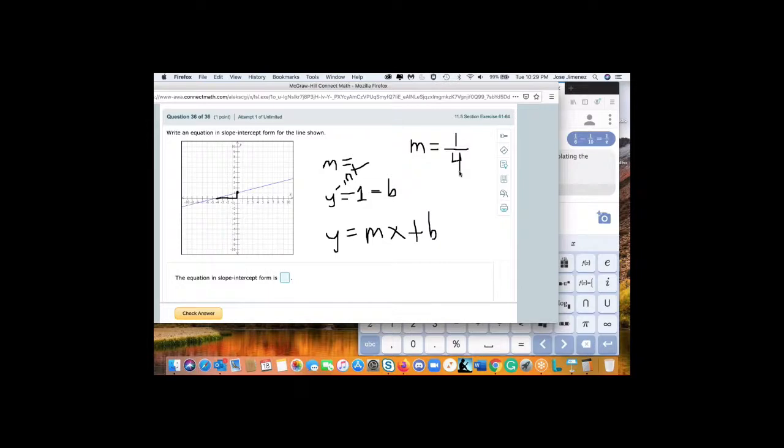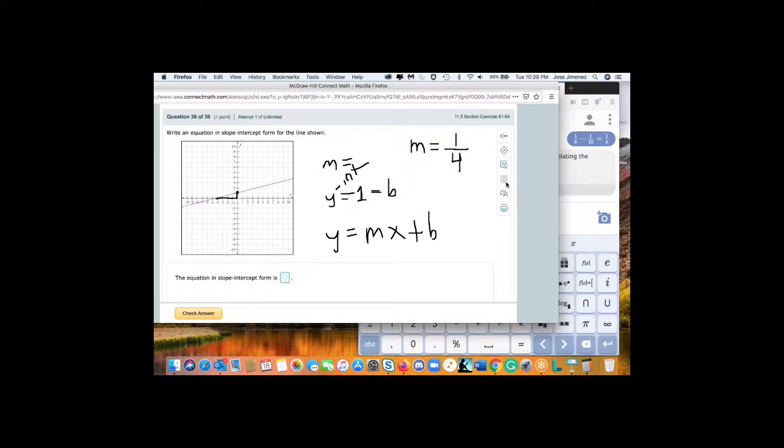That's the slope. You know, I just draw a small right triangle, and then the measure of the vertical is on top, and the measure of the horizontal distance is on the bottom. So it's 1/4. So then I have all the elements I need.